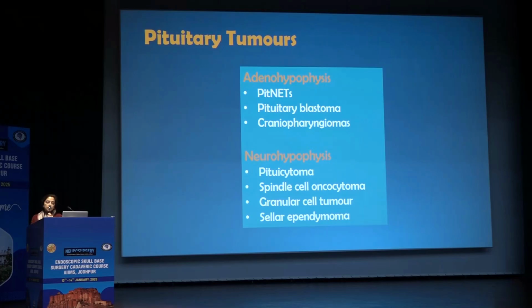The posterior pituitary tumors are pituicytoma, spindle cell oncocytoma, the granular cell tumor, and the sellar ependymoma. For my talk today, I'll limit myself to PitNETs and pituitary blastoma, because the major changes have been introduced into these 2 categories of tumors. I cannot say that the other categories do not have any changes, but the changes are very minor ones.